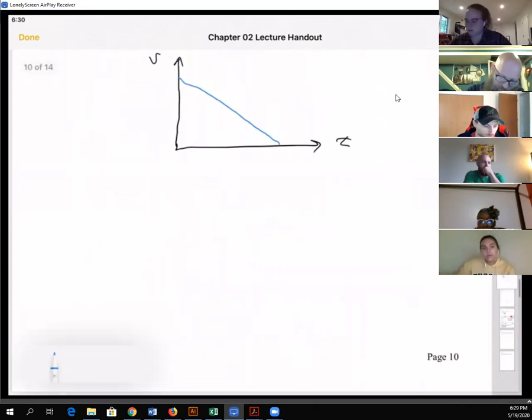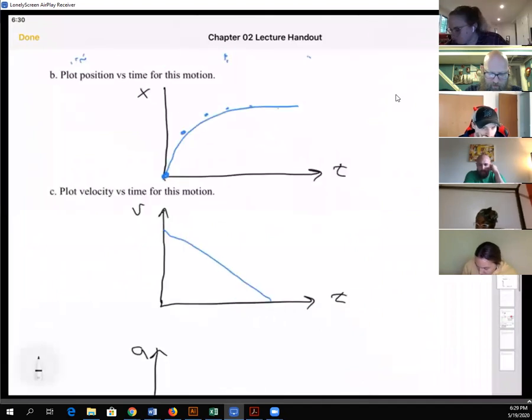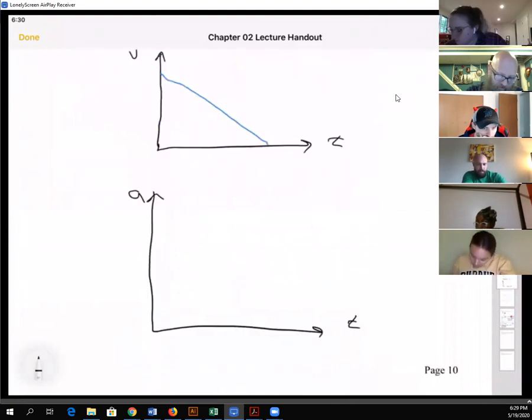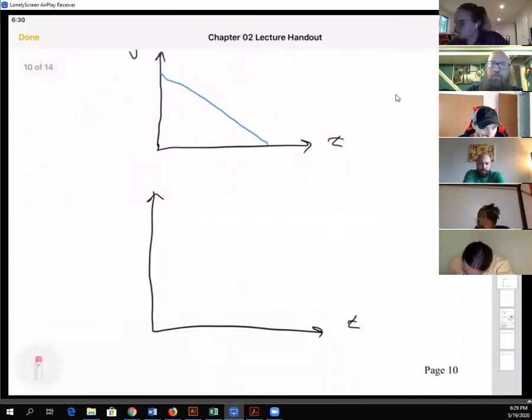Let's plot acceleration versus time. So here, the slope of position versus time is velocity. Turns out the slope of velocity versus time is acceleration. So what is that slope? What's the sign of that slope? Anybody?